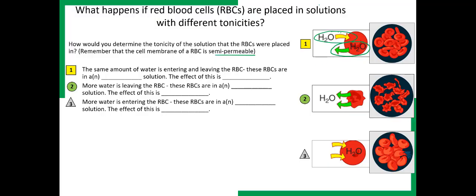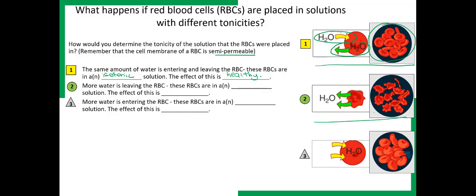In this scenario, the red blood cells were placed in an isotonic solution because there's no net movement, and the effect of this is nothing. So the red blood cells stay nice and healthy, maintain their shape, maintain their function.